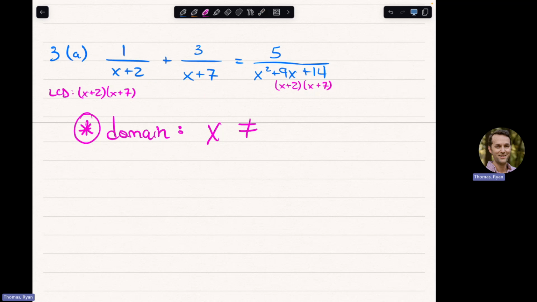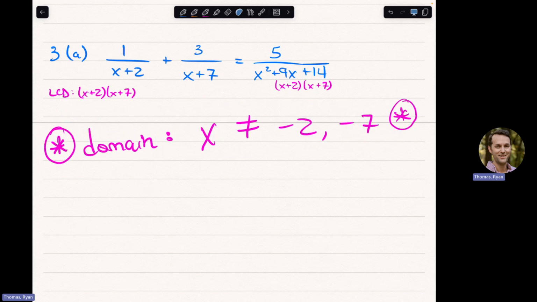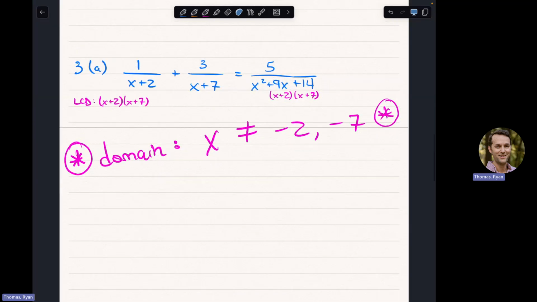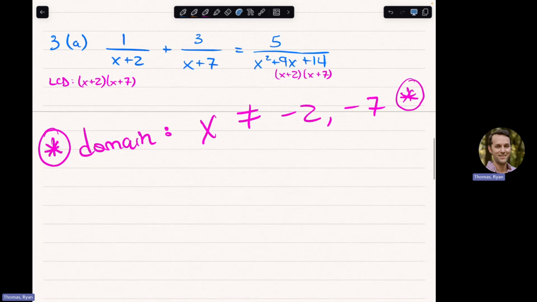So whatever else happens, x can't be -2 and it can't be -7. Again, I know I'm being a little bit ridiculous about this, but I'm writing it in gigantic, bright pink letters so that once I work through stuff, I can't help but be thinking about that. Just so it's front of mind.